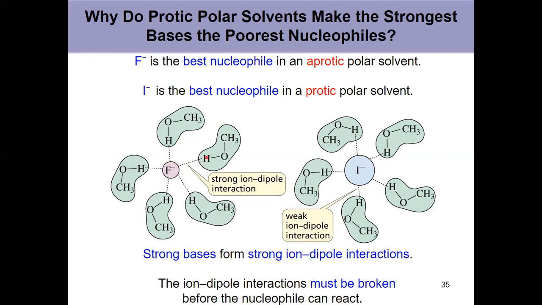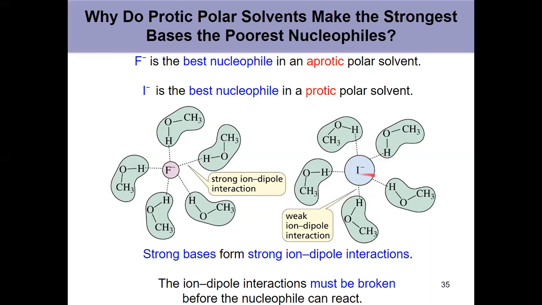But that has a really strong interaction with a polar protic solvent, which weakens the strength of this fluoride, because it gets surrounded by all of that polar protic solvent. Iodide, however, has pretty weak ion dipole interactions.